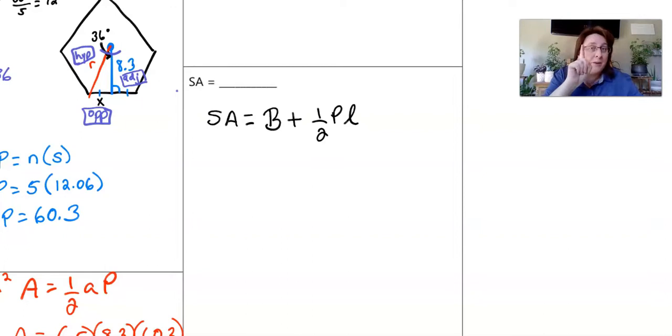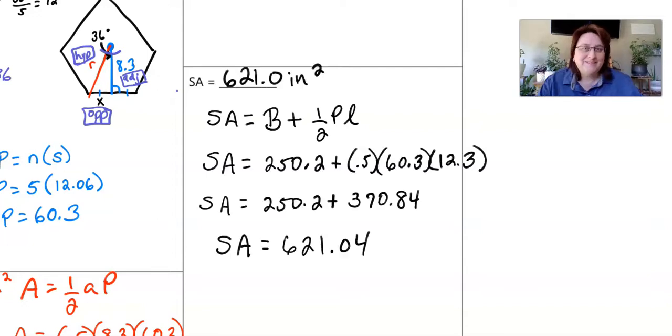Notice there's only one big B, one base, right? Hey, guys, you know what to do next. Go work your magic. Tell me, what do you get for the surface area of this pyramid? Good job. Now that you guys picked out the right formula and you plugged in all your values, you should get 621 inches squared. Okay, good job, you guys.